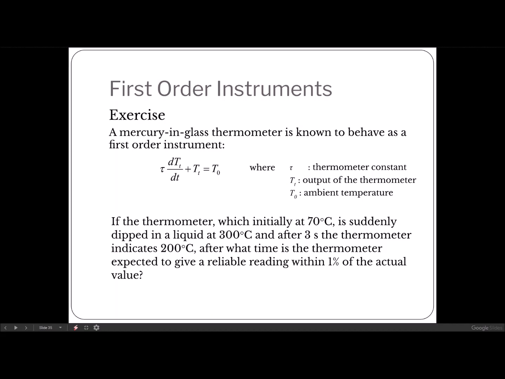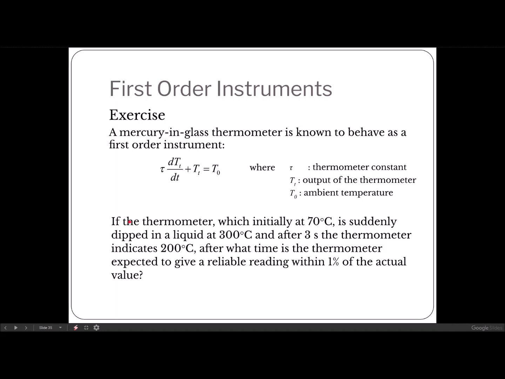So now I have a thermometer. The dynamic characteristic of the thermometer is like this. Tau here is the parameter of your thermometer. T naught, like I mentioned, is the temperature that you want to measure. T sub T is the output of your thermometer.